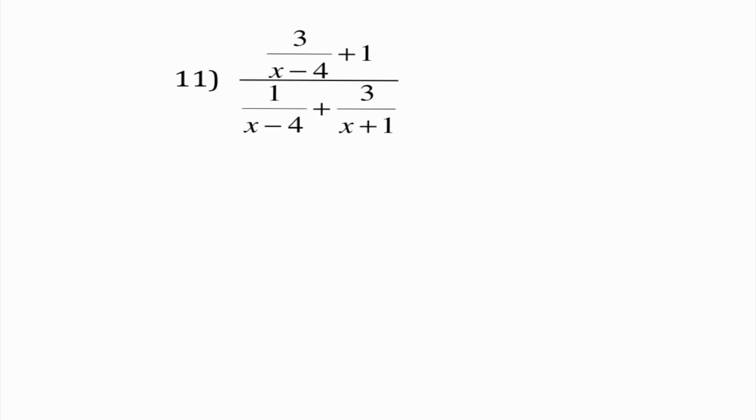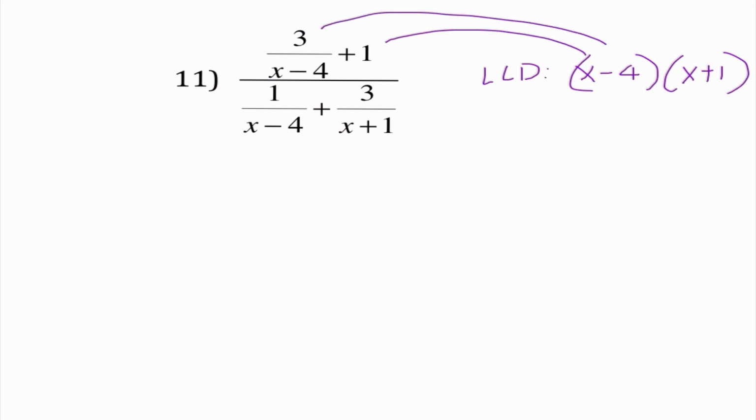Okay, now let's use the second method. My overall LCD is going to be x minus 4 times x plus 1. So that is really what I'm going to distribute to every single one of these terms. So I have 3, and I'm going to do a little shortcut here. I notice my x minus 4's are going to cancel out.